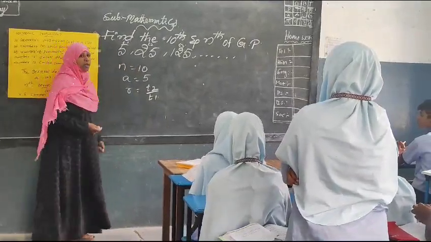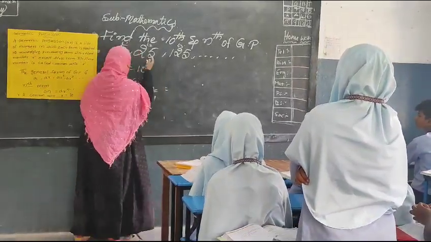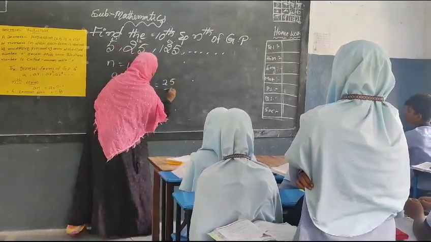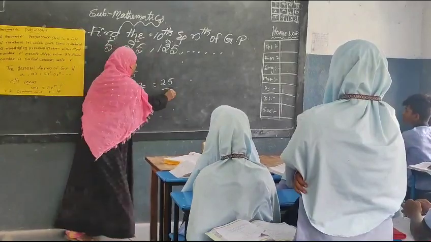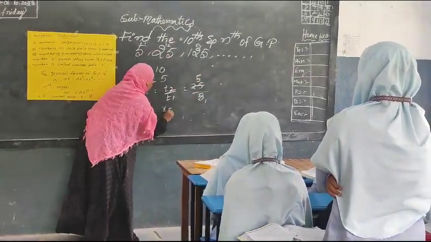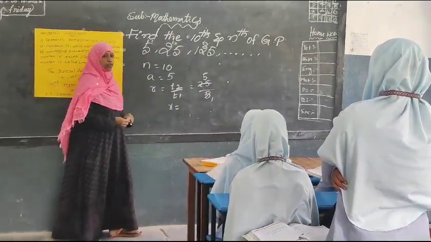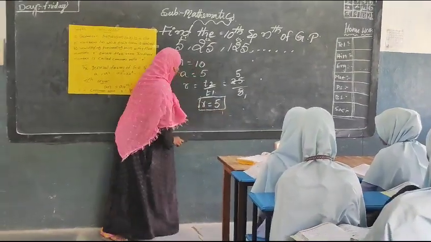What is the second term and what is the first term? The second term is 25, so 25 divided by 5. 5 ones are 5, 5 fives are 25. What is the value of r? r is equal to 5. Very good, sit down.